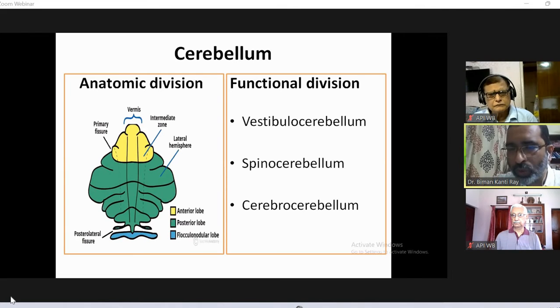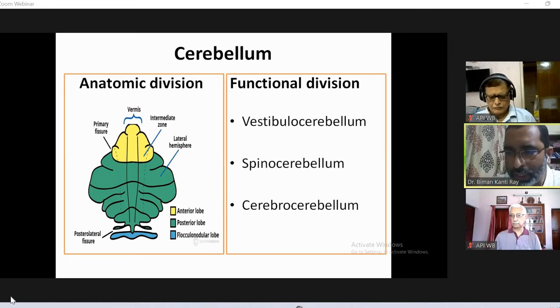Phylogenetically, the next order is paleocerebellum, that is spinocerebellum functionally. And if you talk of anatomic division, it mostly is in the part of the vermis. And the third part, that is cerebrocerebellum, that is the cerebellar hemisphere, functionally, phylogenetically is neocerebellum.